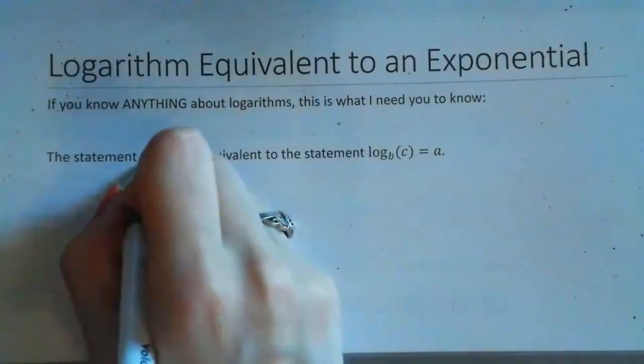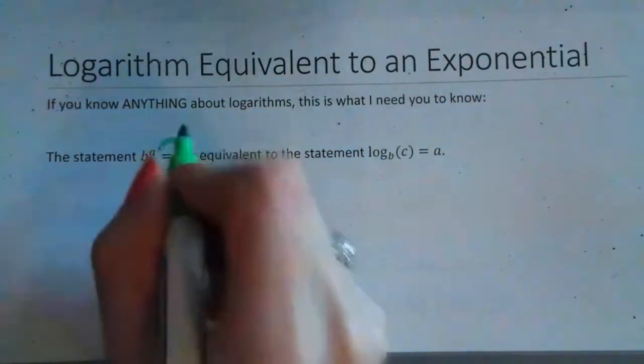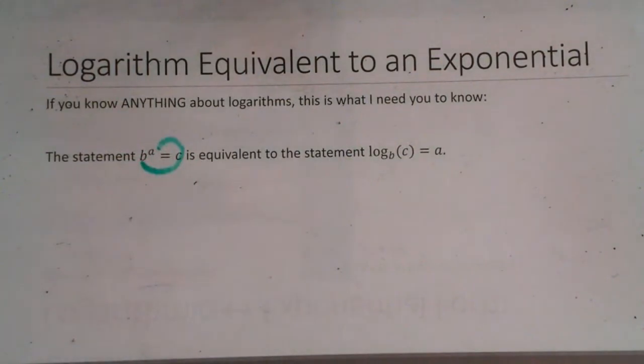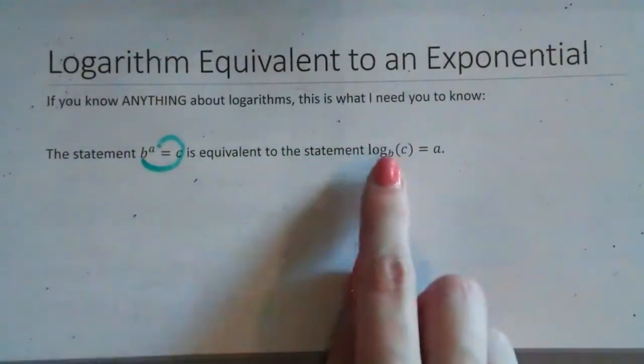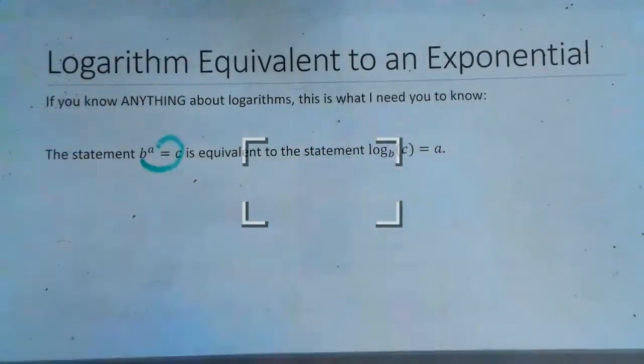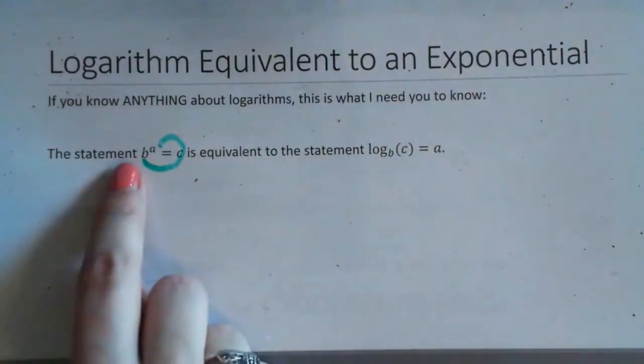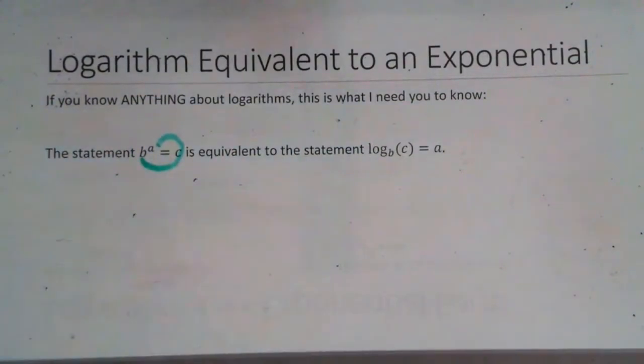What you do is create kind of a snail spiral, and that helps you remember the order of things. This little snail spiral only works if your exponential is on the left or if your logarithm is on the left, depending on which equation you're looking at. So with the way I did my snail, I went b, c, a.